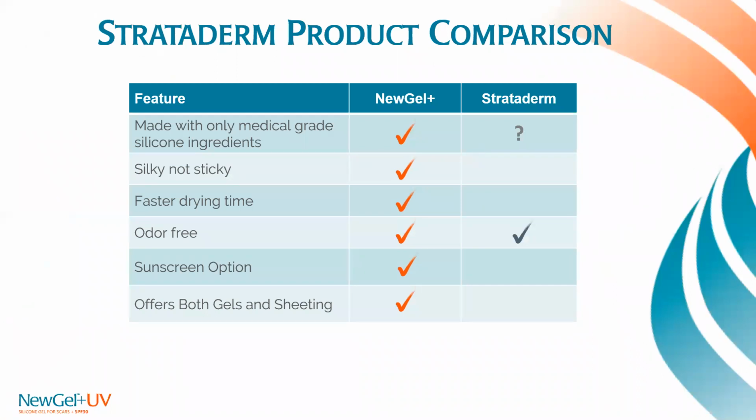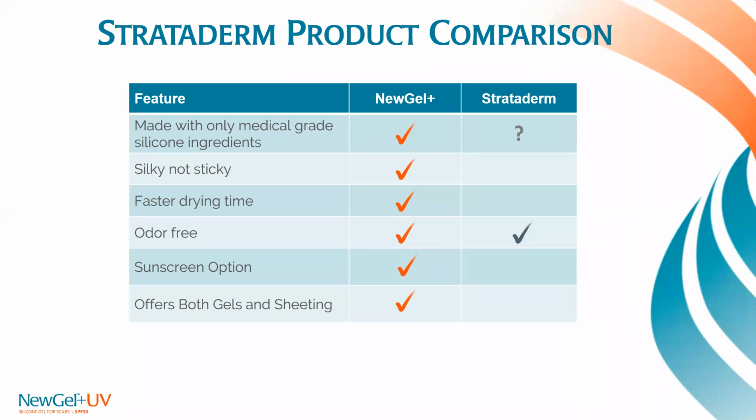StrataDerm does not make any mention as to whether they are medical grade. Usually if a product is medical grade, they brag about it. You'll see mention of that. They don't make any mention on their website or any place else about whether it is medical grade. It is sticky. It is not silky.